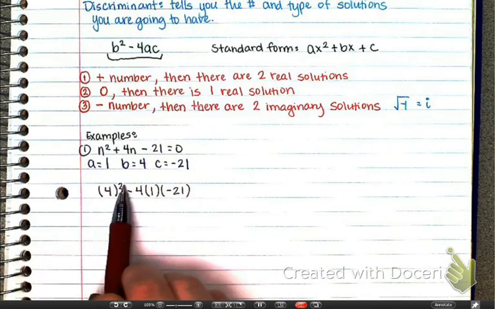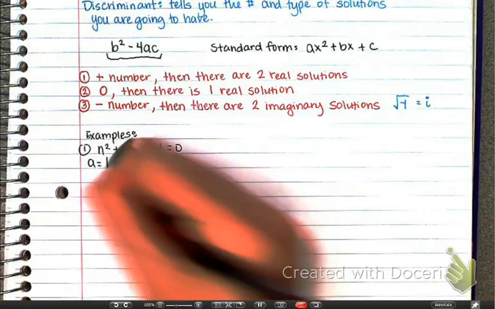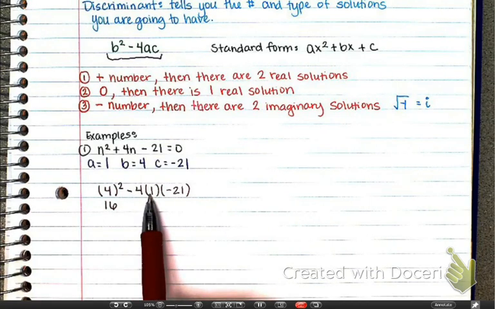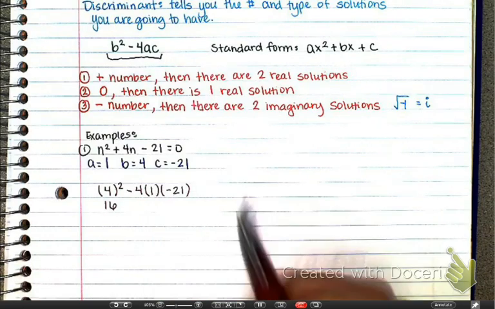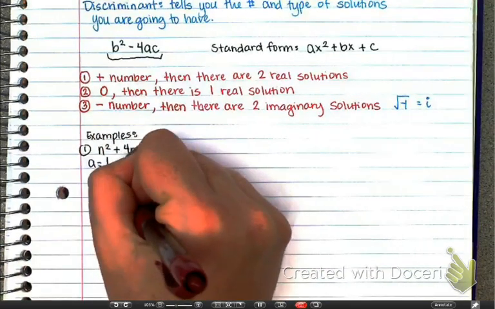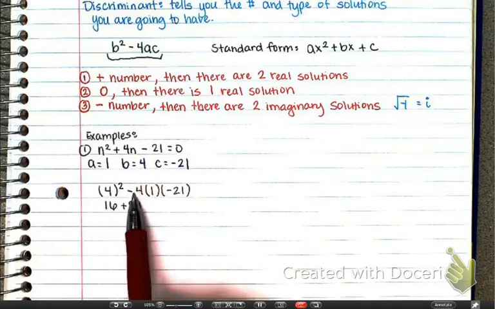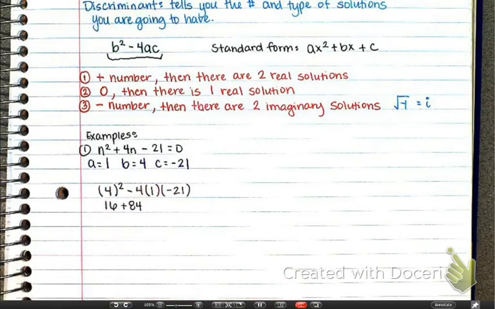So 4 squared is 16. This negative goes with that 4. So it's negative 4 times 1, which is negative 4. And then negative 4 times a negative 21 is a positive 84. So I simplified 4 squared, and then I simplified this bit here.